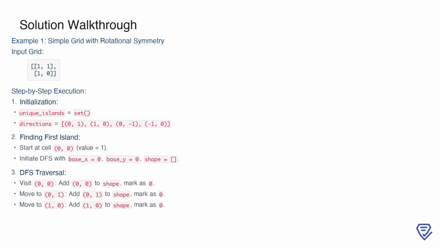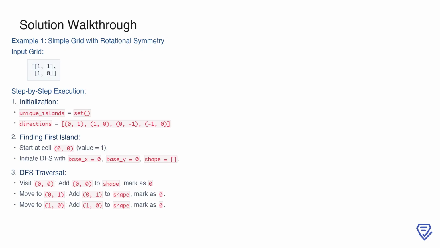Now, we focus on finding the first island. The traversal begins at cell 0, 0, which is part of the island since its value is 1. We initiate a depth-first search, DFS, from this cell, setting its coordinates as the base reference point and initializing an empty list to store the island's shape. During the DFS traversal, we first visit 0, 0, at its relative position to the shape, and mark the cell as visited by setting it to 0.